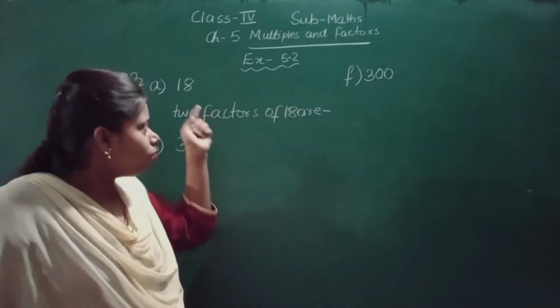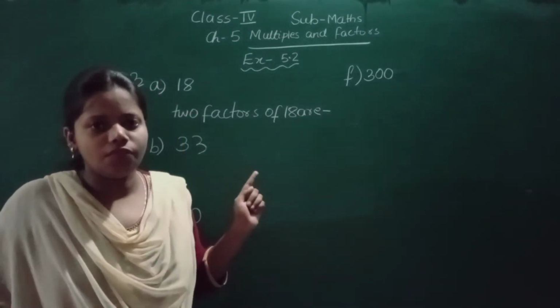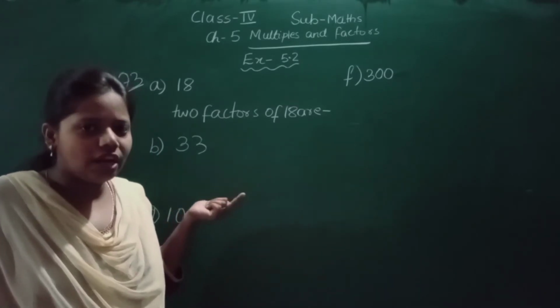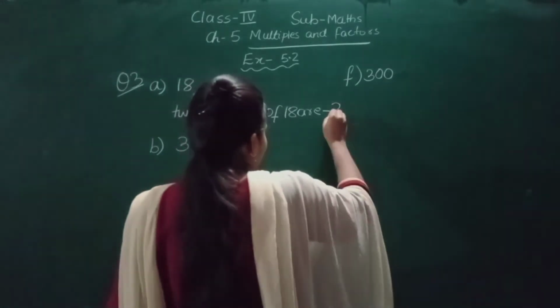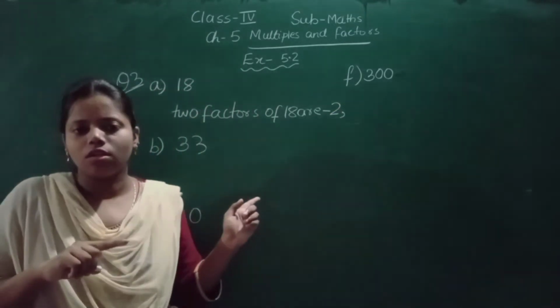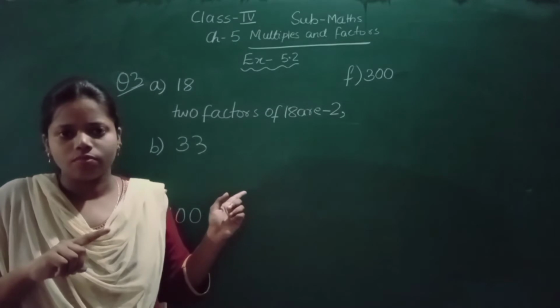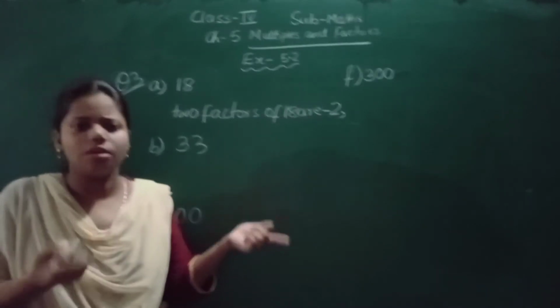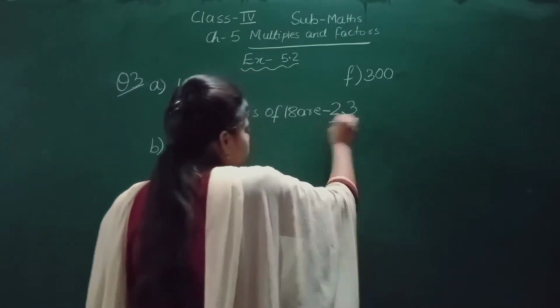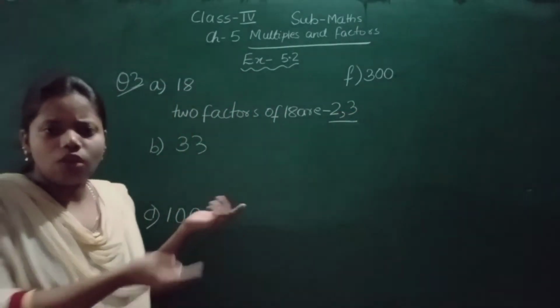Will 18 come in the table of 2? Yes, 2 9 is 18. So 2 is a factor of 18, and we will write 2 here. Now what is one more factor of 18? In which table does 18 come? It comes in the 3 table also, no? 3 6 is 18. That means 3 is also a factor. We have to write just 2, so I have written 2 and 3.